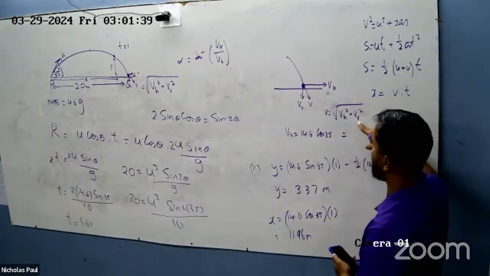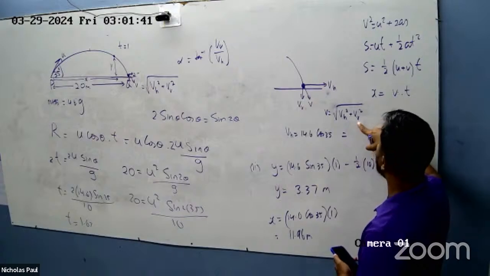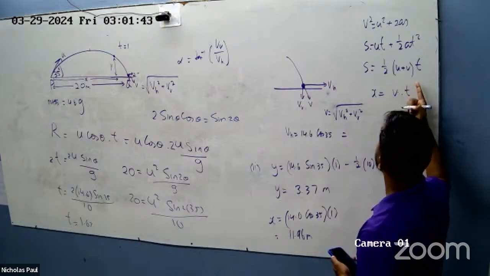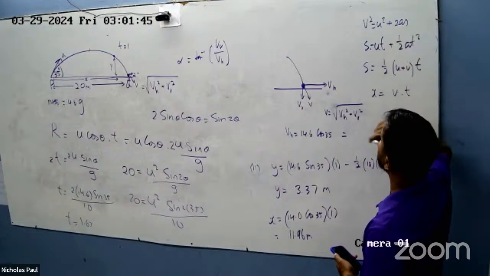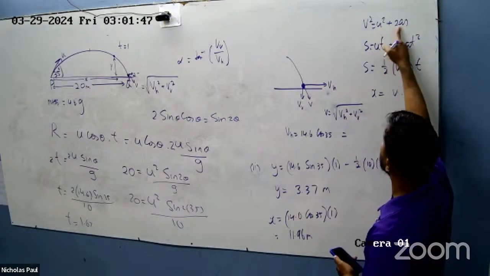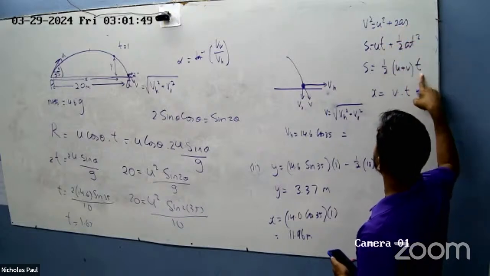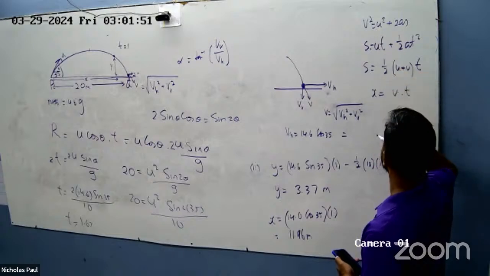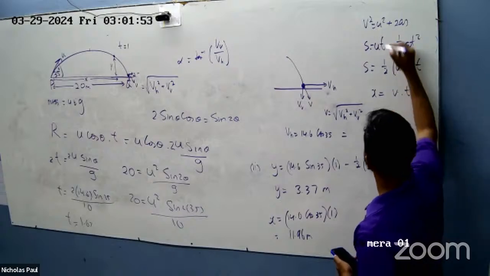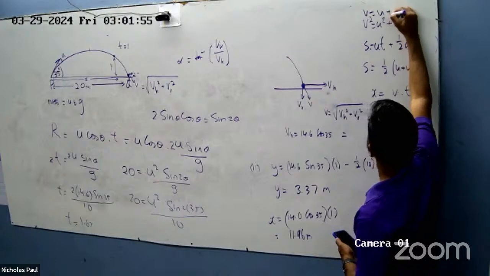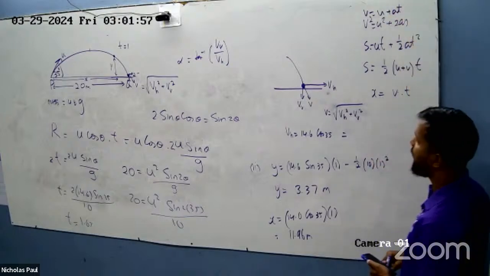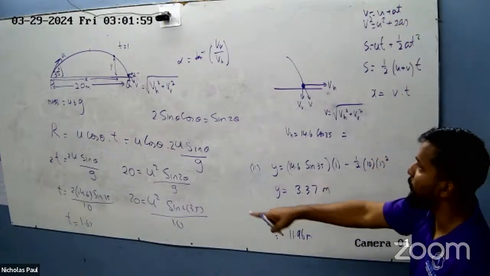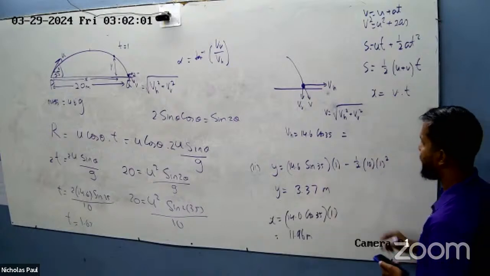To find the vertical velocity, we could use this. That's just before it hits. We could use this. Oh no, this one will be tricky. Or we could even use the first one, v is equal to u plus at. We know the time for the whole journey is 1.67, right?